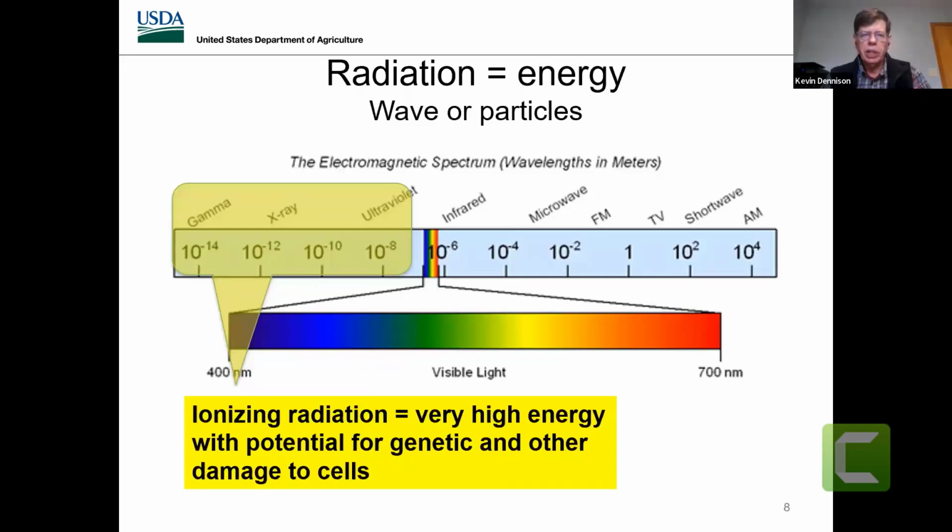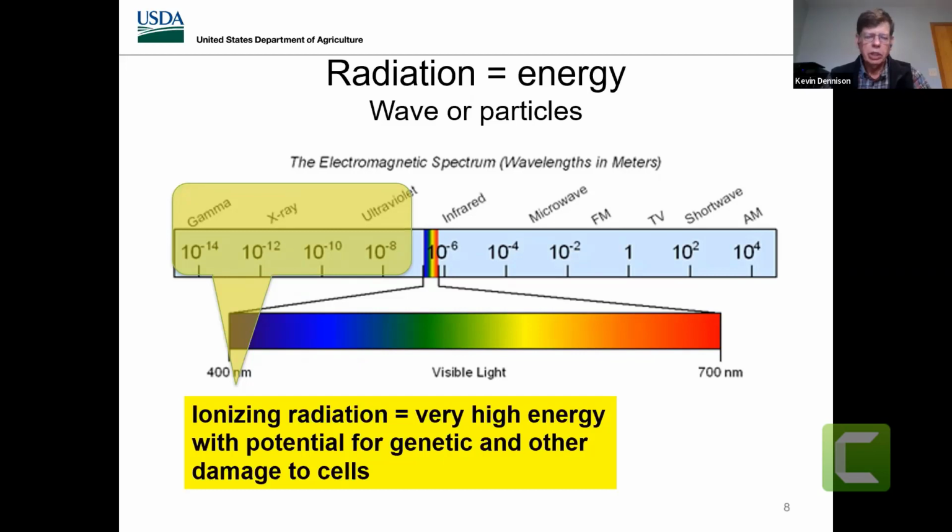When we talk about radiation, radiation doesn't always mean ionizing radiation. If you look at the various types, there's visible light, which we're the most familiar with, which is really radiation or energy.